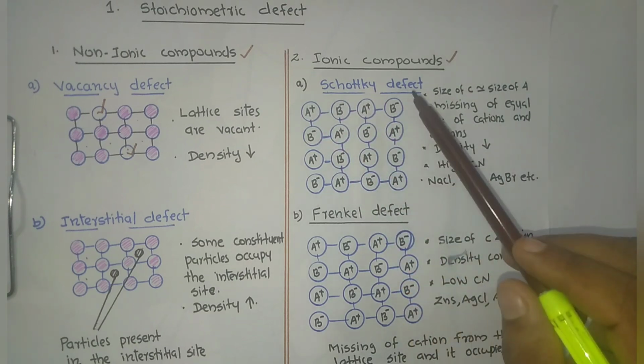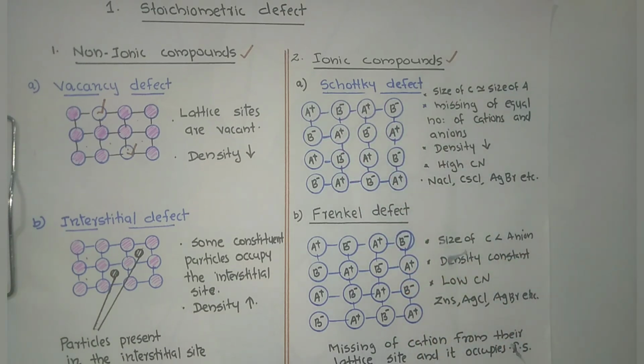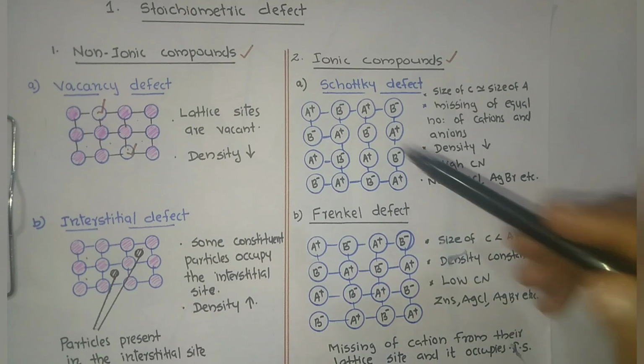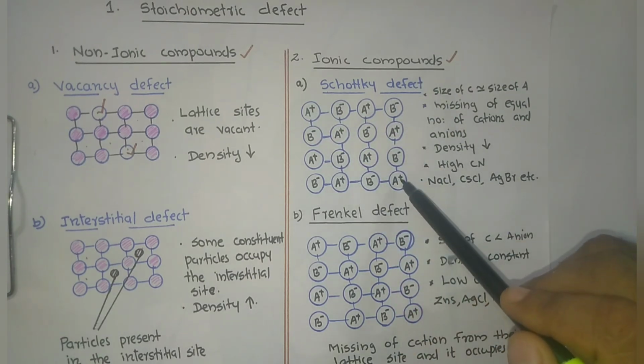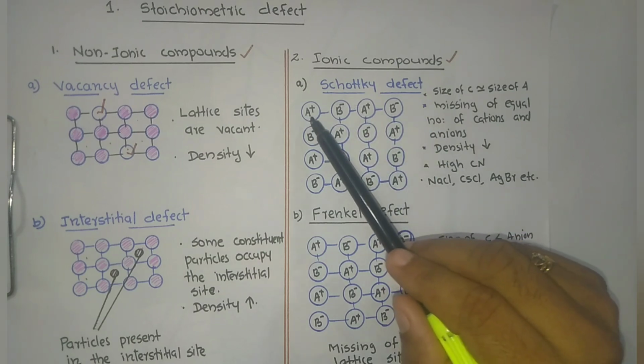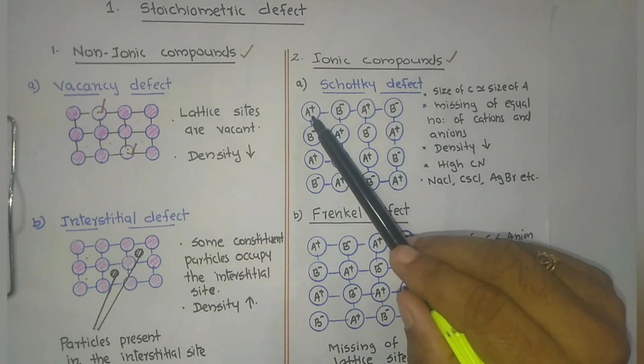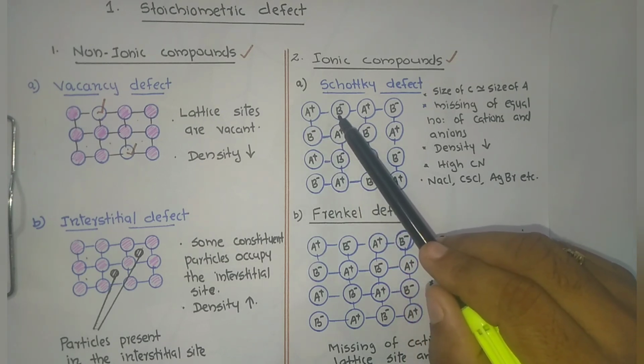First one, Schottky defect. Schottky defect means, here, these stoichiometric compounds, or ionic compounds, contain A plus B minus. A plus means positively charged ion. This is the cation. B minus is the anion.